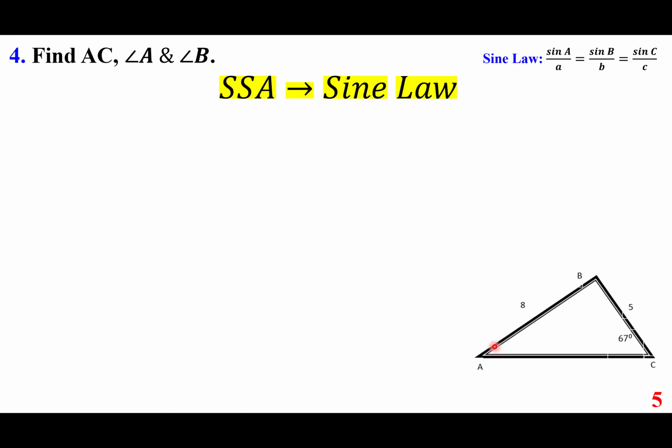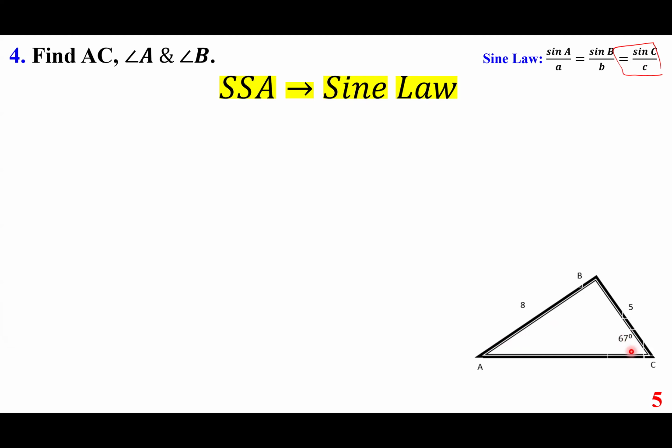So sine A over A, sine B over B. Since we have 67 degrees, then we have to use sine C over C. This one we have, everybody. So let's just start with what we have.